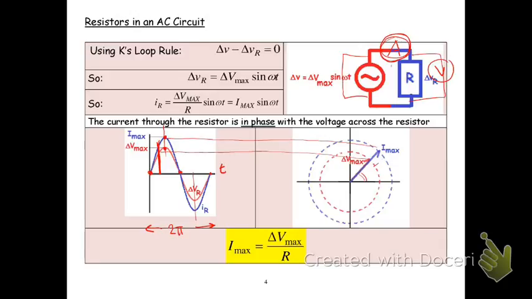That shows you very nicely that they're in phase with each other. Over time, they'll end up pointing in different directions, but they'll always be in line with each other. They'll have different values, but on the phasor diagram, they'll always be on the same line.